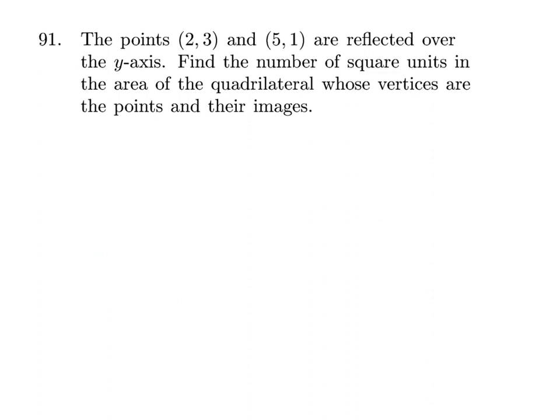Alright, the points 2, 3, and 5, 1 are reflected over the y-axis. Find the number of square units in the area of the quadrilateral whose vertices are the points and their images. Okay, alright, so I have 2, 3. Then I have 5, 1.